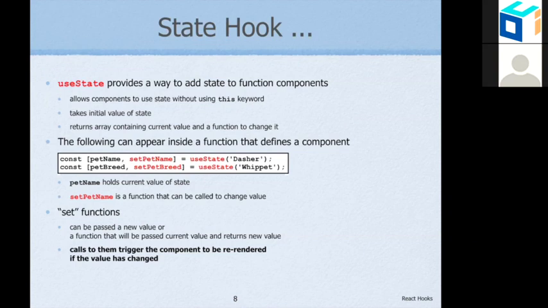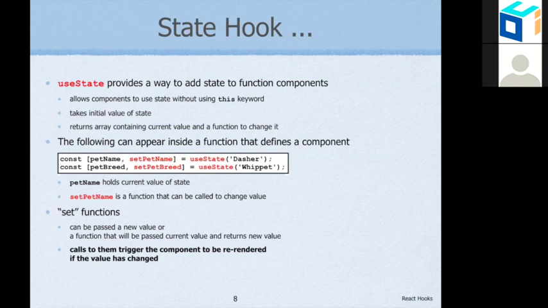So those set functions, you can call with just a simple value. In this case, you could imagine the pet name is just a string. So I could call set pet name and pass it a different string. But I can also pass it a function. And in that case, that function will be invoked and it will be passed the current value. And then I just return what the new value is. That's good, for example, if I wanted to do something like take a piece of state that's a number and I want to multiply it by 2.